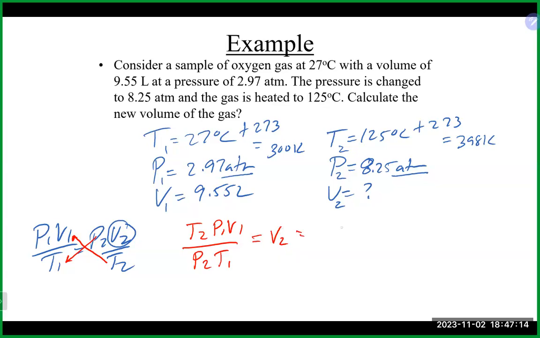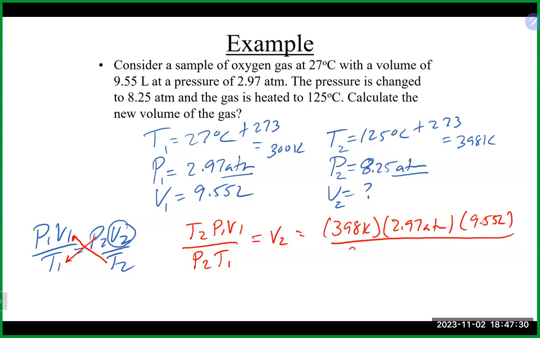Now we want to make sure we put our correct numbers in the right spots. Our T2 is 398 up on top, our P1 is 2.97, our V1 is 9.55 liters, divided by our P2, which is 8.25, and our T1, which is 300.